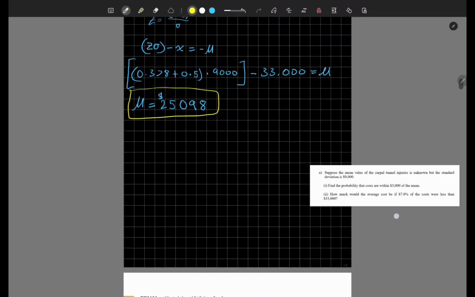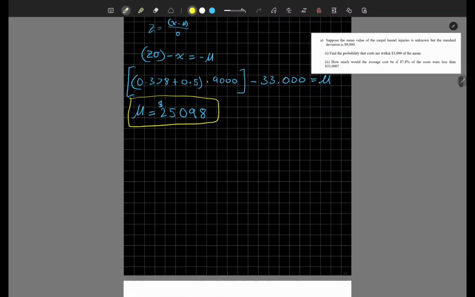And I'll show you a quick way to do it, where your givens are 9 grand, X is 33, and your Z is given to you in the question, 0.878.